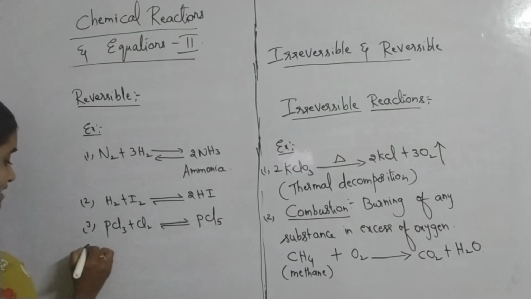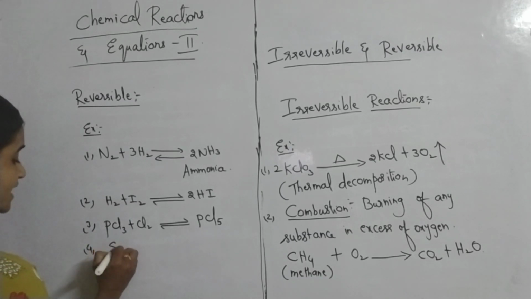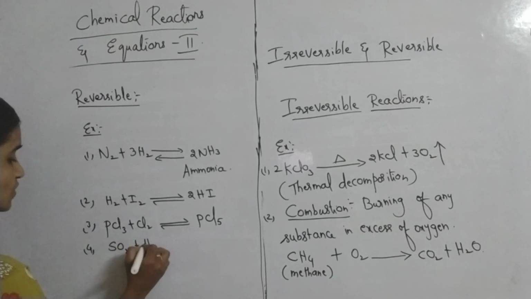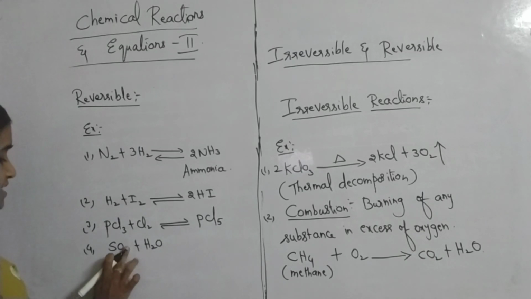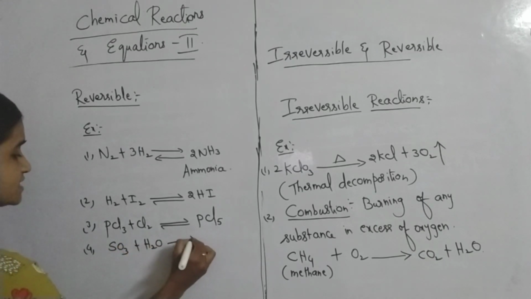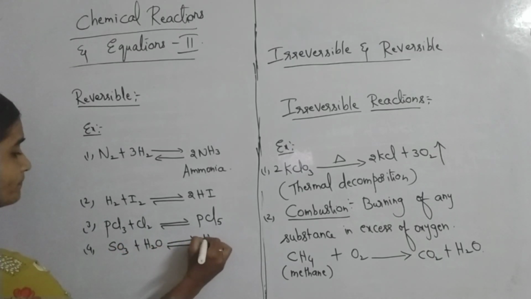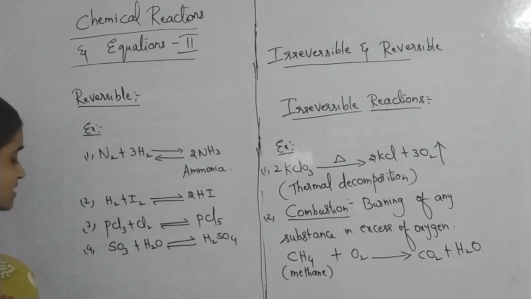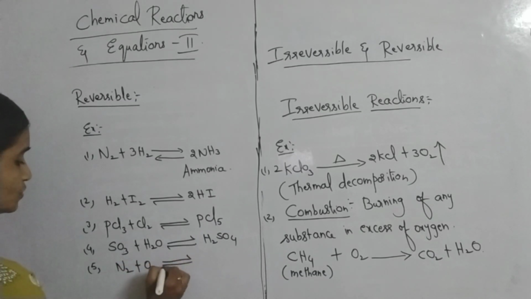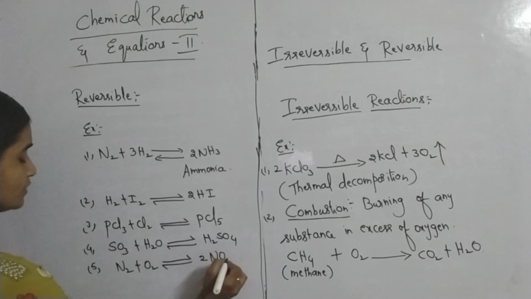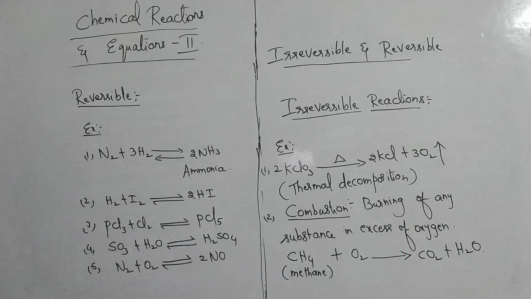And the contact process, SO2 plus SO3 plus H2O gives rise to H2SO4, also a reversible reaction. You have many examples, N2 plus O2 gives rise to 2NO. All this comes under reversible reactions.